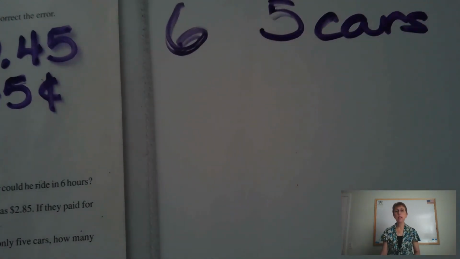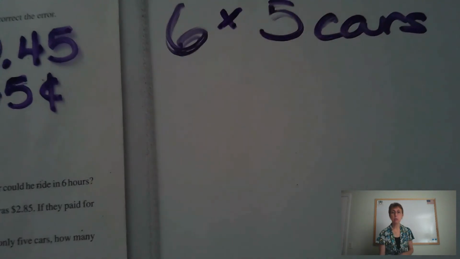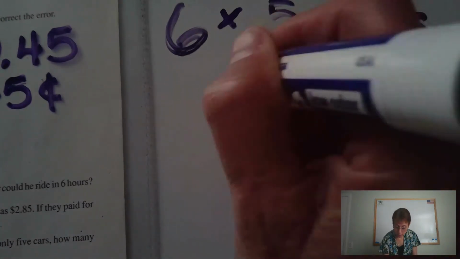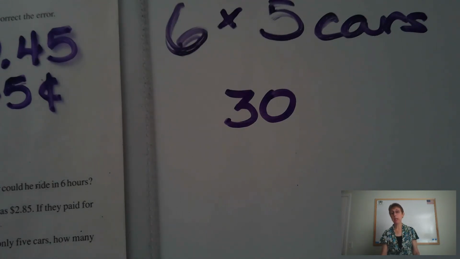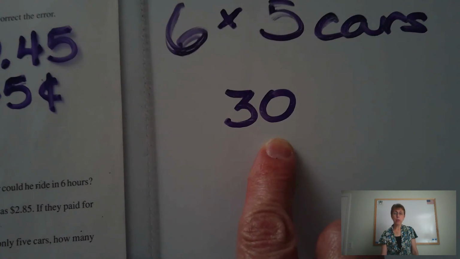What are you going to do? You're going to multiply. If you have 5 cars, you put 6 people into each of those cars, that means 30 people can ride in the cars. If you have 49 people waiting in line, you can only get 30 people in the cars.